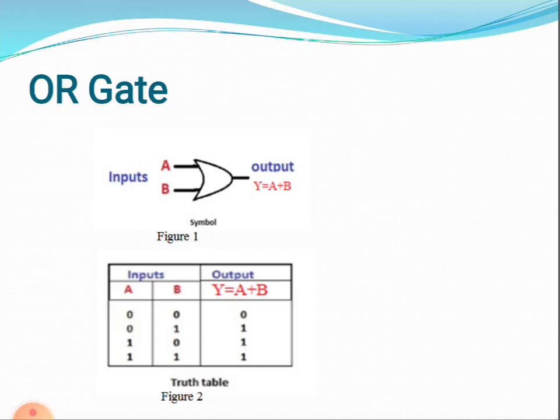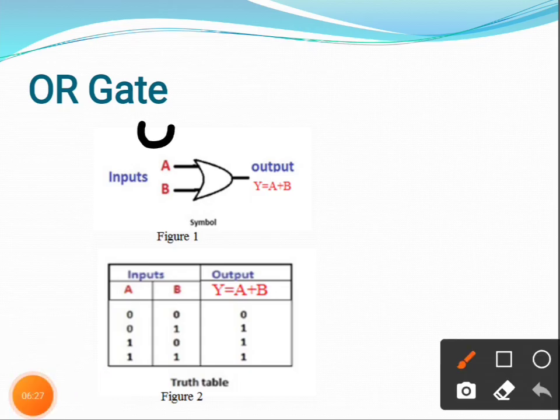When we use A equal to 0 and B equal to 0, then the output will be 0. Let us consider the second condition. When we give A equal to 0 and B equal to 1, then the output will be 1.